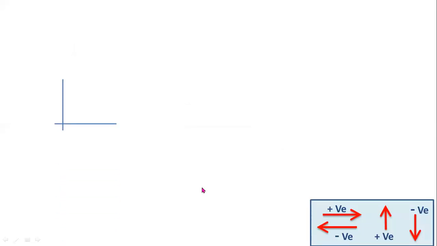Here, this is the first quadrant. If a force is lying in the first quadrant, here you can observe the force F. F is the magnitude of the force. The force vector F is acting at origin, and the direction of this force is theta with respect to the x-axis.